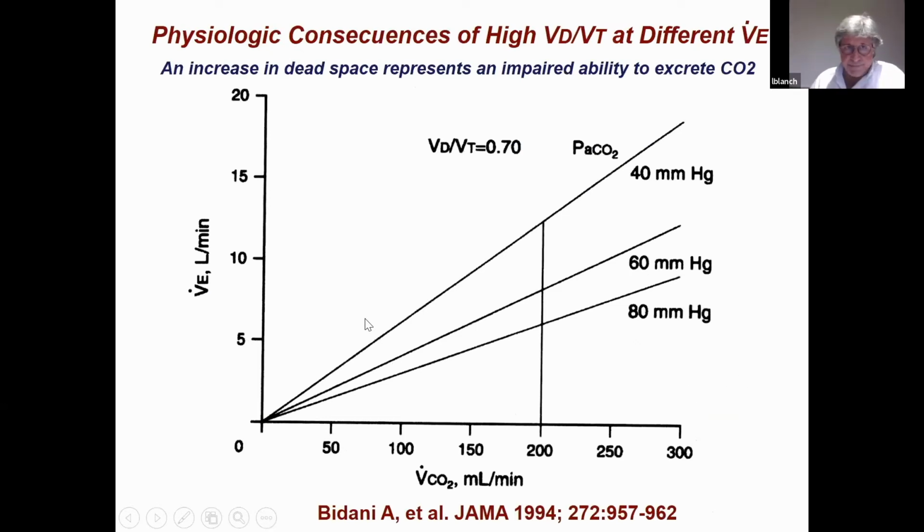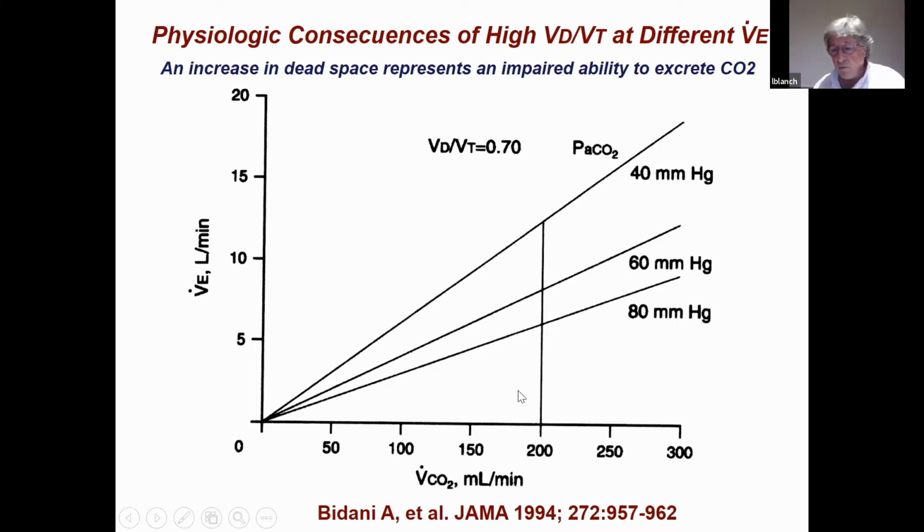An important aspect. These are the physiologic consequences of high dead space at different minute ventilation. So if we have a CO2 elimination, or production, whatever, of 200, but fixed, and then we have a fixed dead space of 0.7, to get a PaCO2 of 40 millimeters of mercury, we need 12 or 13 liters per minute here.